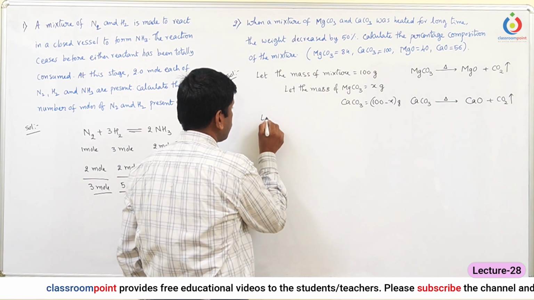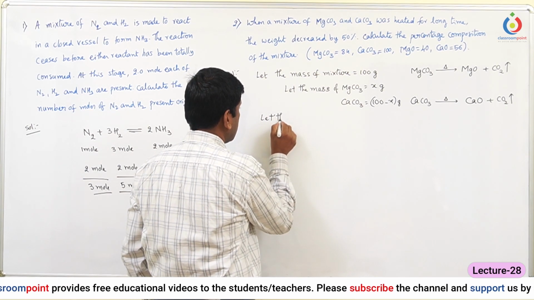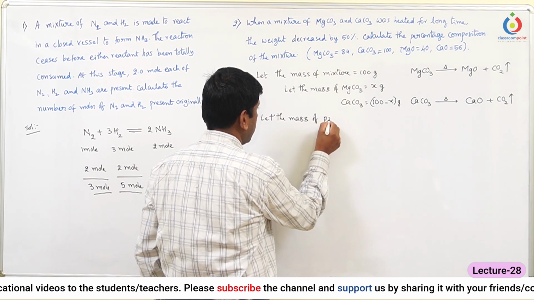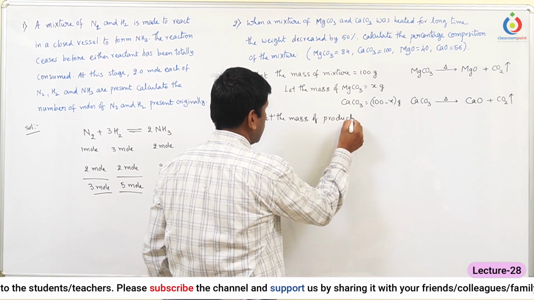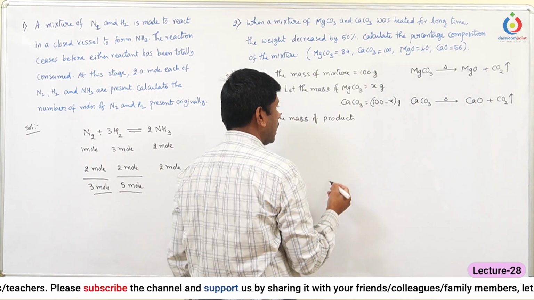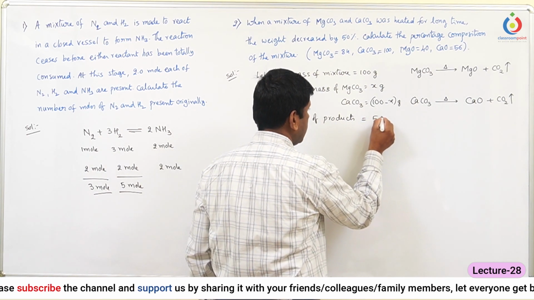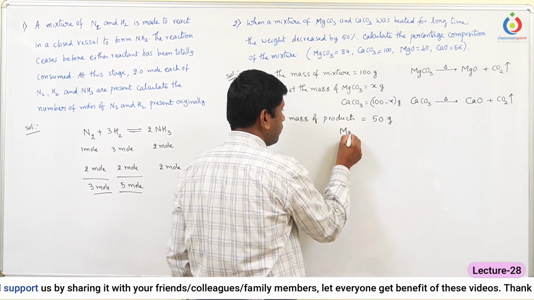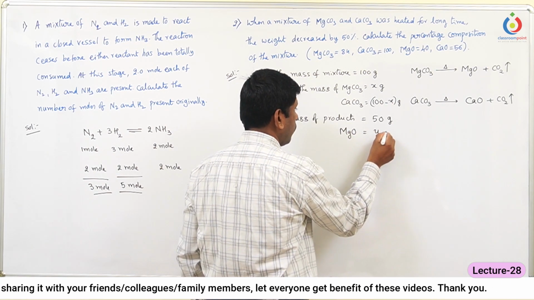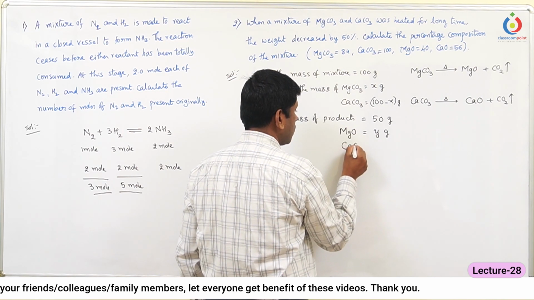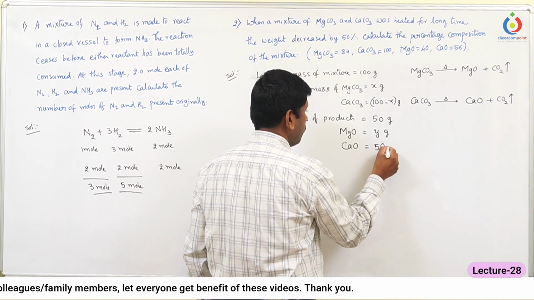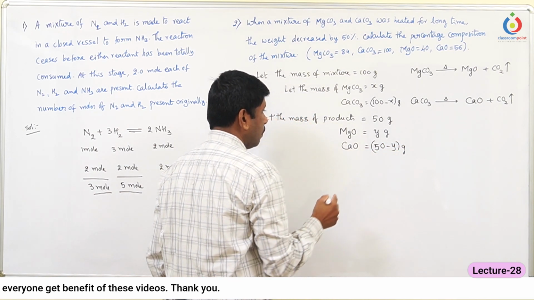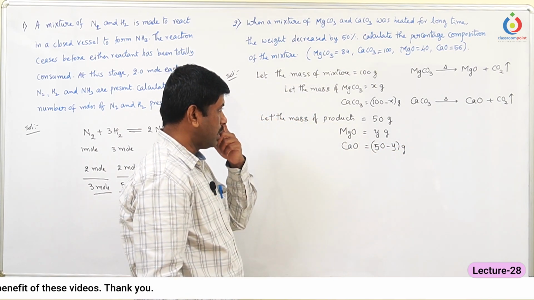So let the mass of products, that means magnesium oxide and calcium oxide together, be 50 grams, and I am considering the magnesium oxide mass as some y grams, and the calcium oxide mass becomes 50 minus y grams. So from this, let us try to solve the question.